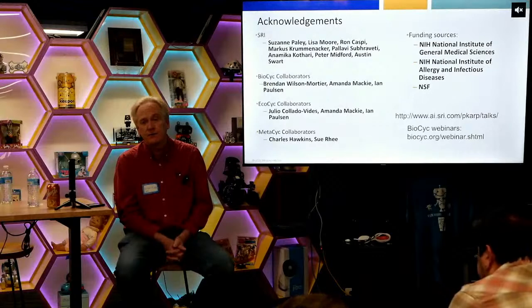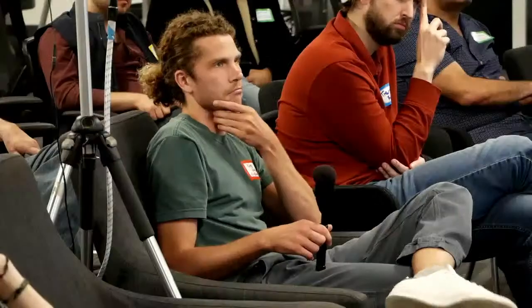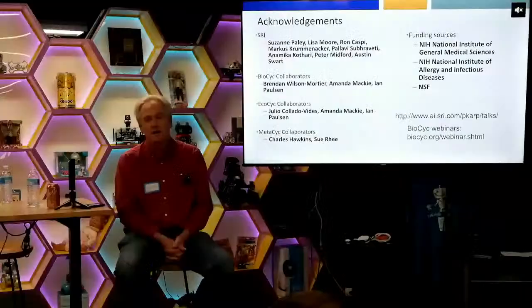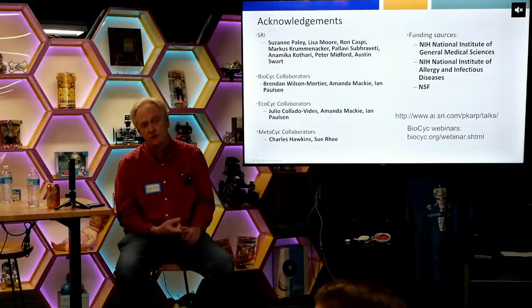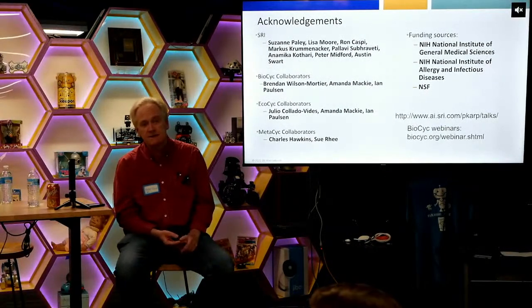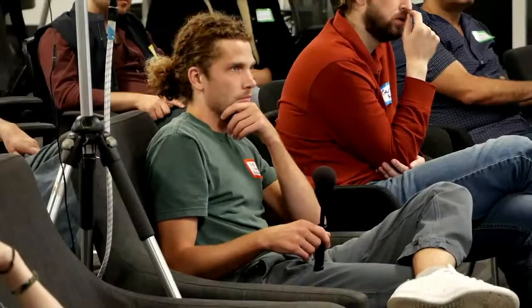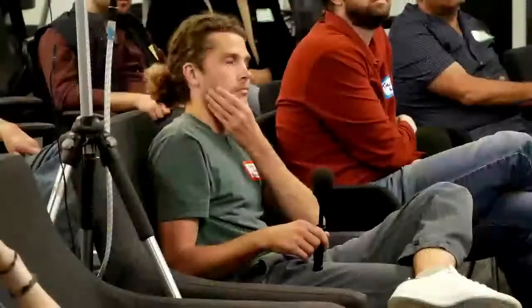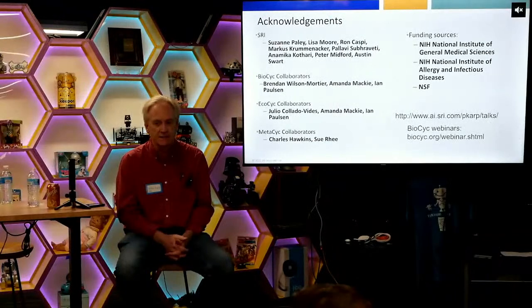MetaCyc does have many pathways from plants, animals, and insects. At BioCyc, we have a human, mouse, rat, yeast, fly, worm, Arabidopsis. And if you look at plantcyc.org, they've run something like 150 plant genomes through Pathway Tools. That's the basis of their website. So yeah, the tools can be applied to many other groups besides microbes.